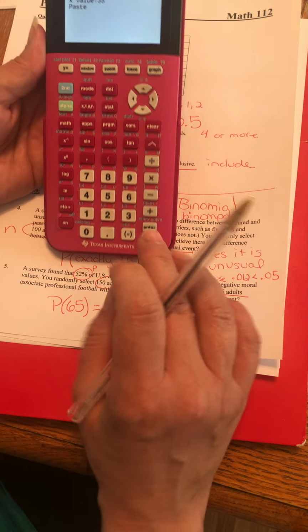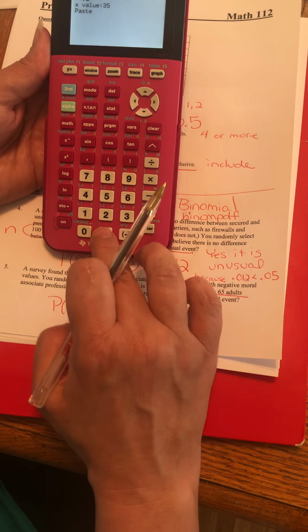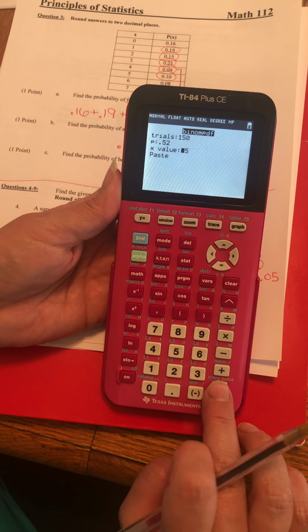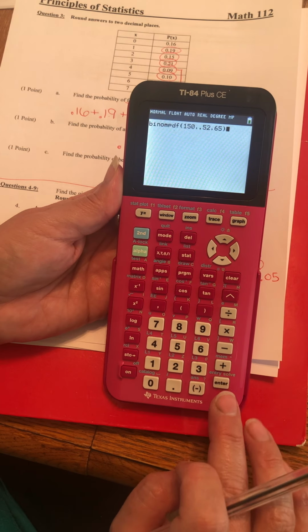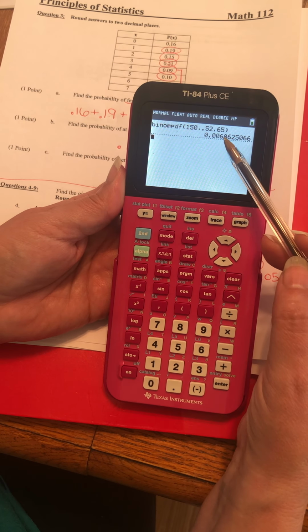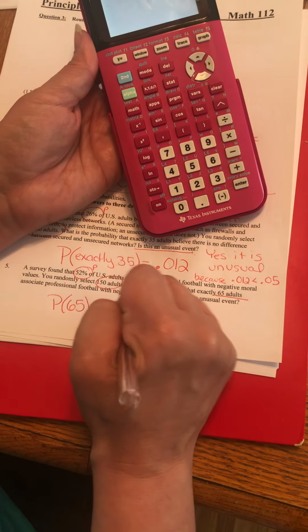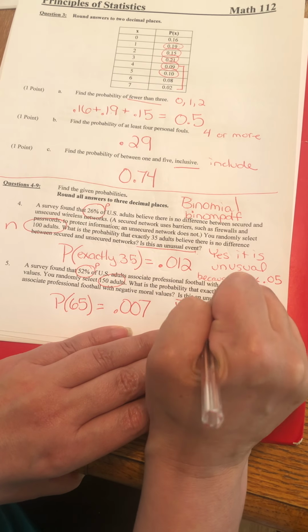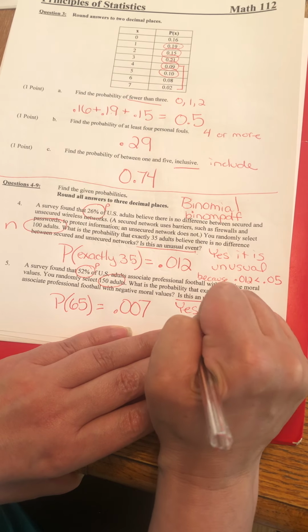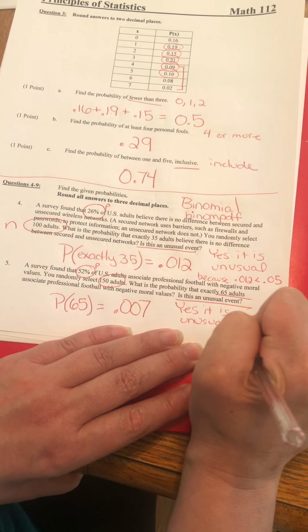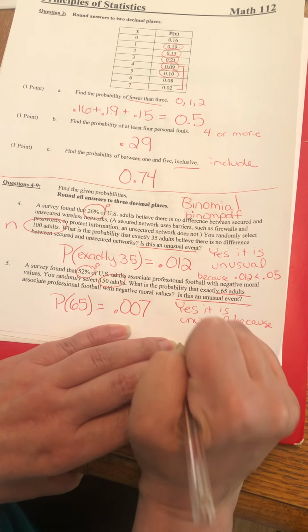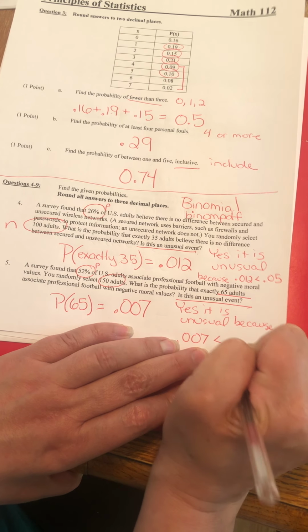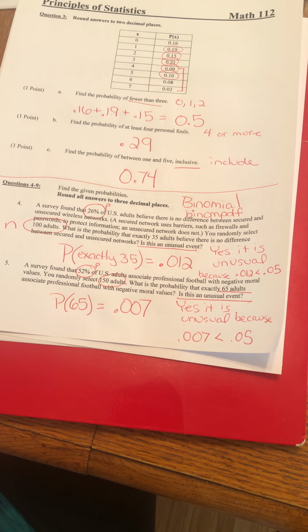The probability of that happening is 0.52. The X value you're solving for is 65. Hit enter, round it to 3 decimal places, and you get 0.007. Is this an unusual event? Yes, it is unusual because 0.007 is less than 0.05. And we are done with that page.